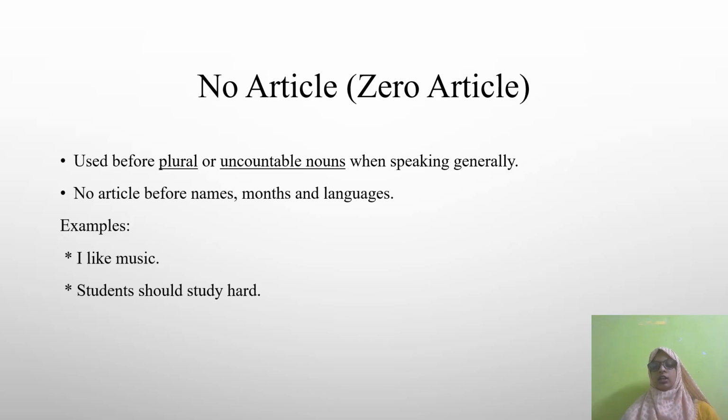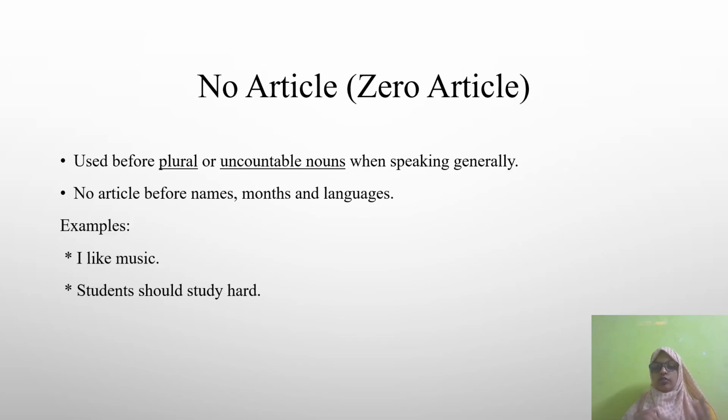Next, this is the most important: no article. We may have been confused since childhood about when to use no article. The no article option is used before plural nouns and uncountable nouns when we are speaking in general. In general, when we talk, no article is used. No article is used before names, months, and languages also. For example, in general, we'll say we have English hour. We won't say we have the English hour, right?